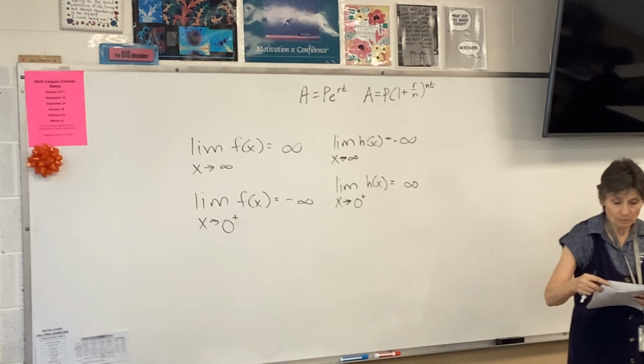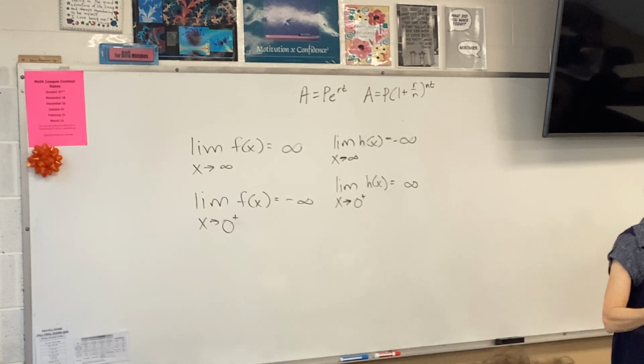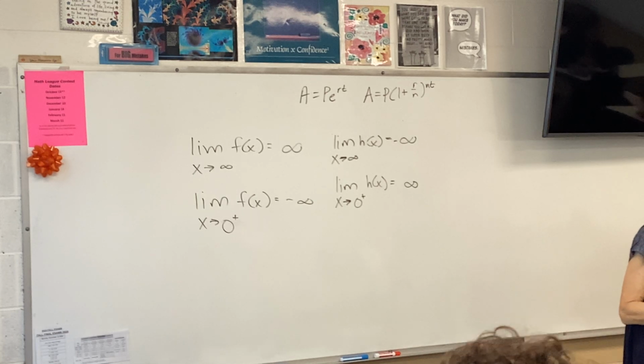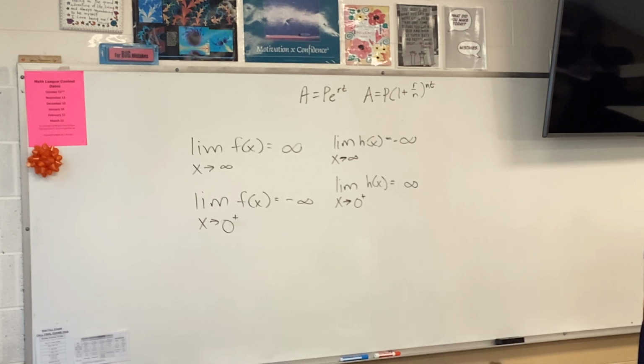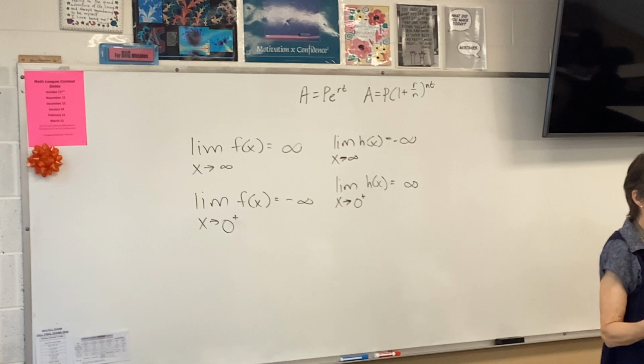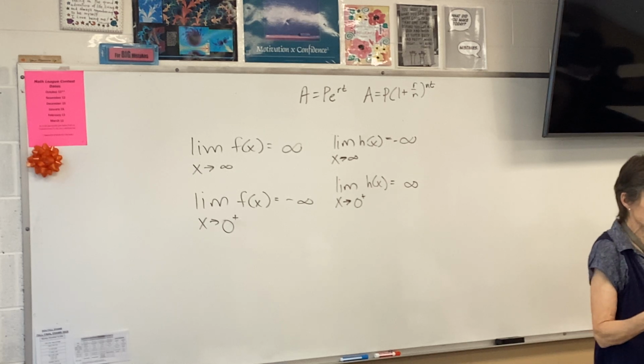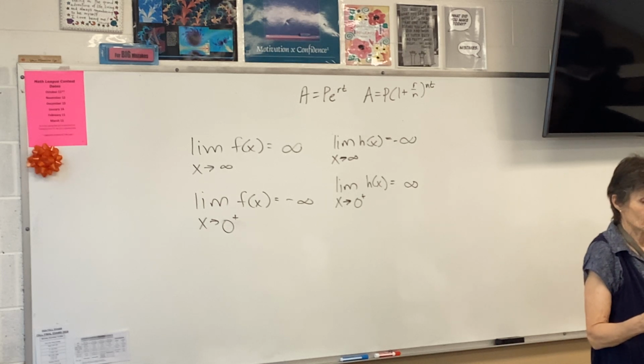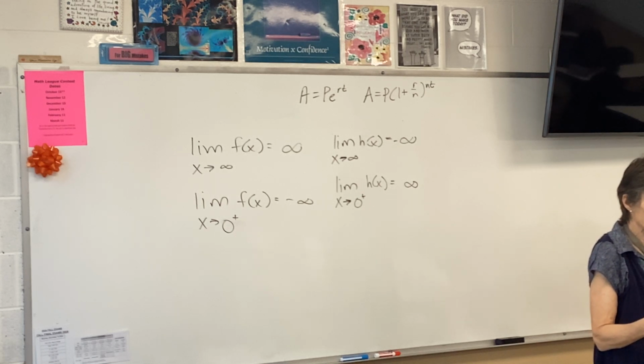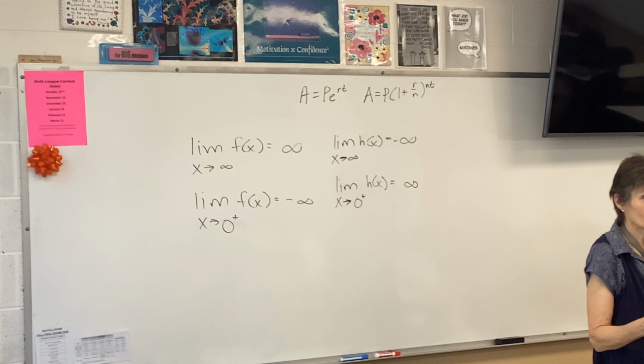For each of the following, determine if the logarithmic function is increasing or decreasing, and its concavity. Okay, A is easy. There's a picture. Increasing or decreasing? Decreasing. Concave up or down? Up. Good. All right, how about B? Concave down and increasing, right?